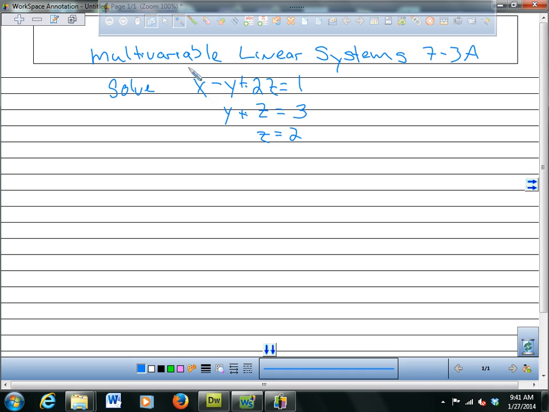Okay? This is called a multivariable system in row echelon form.